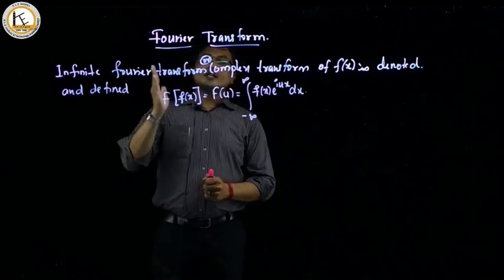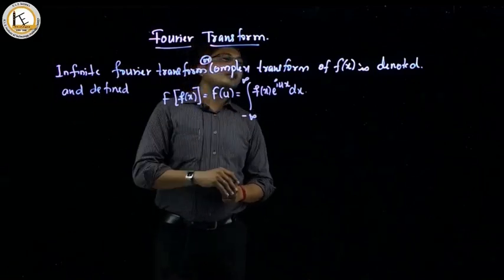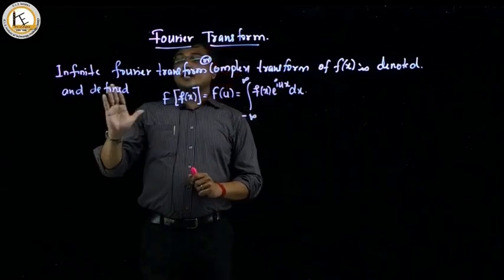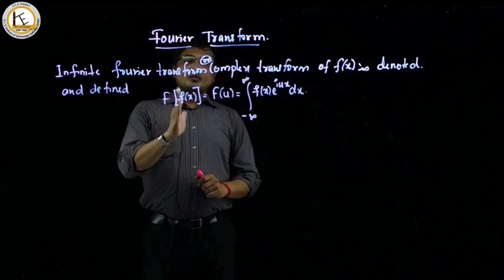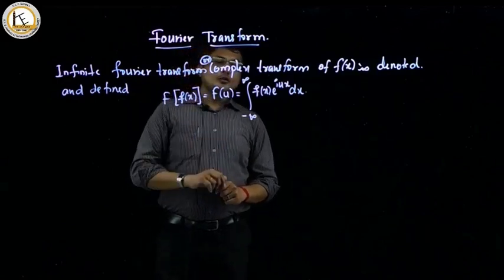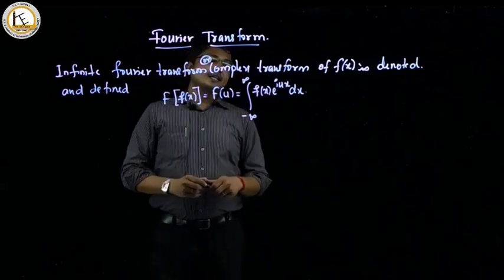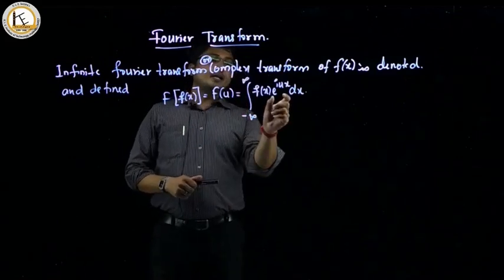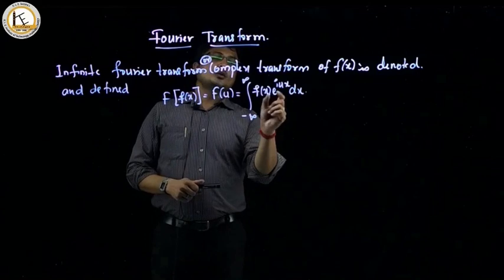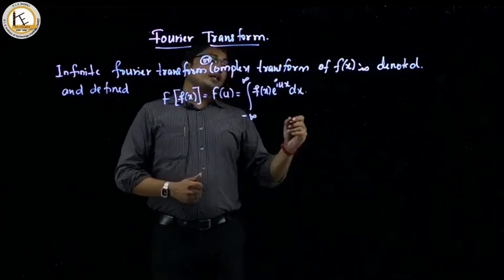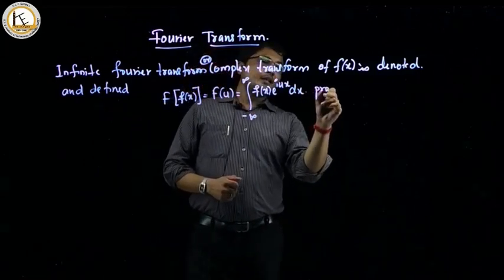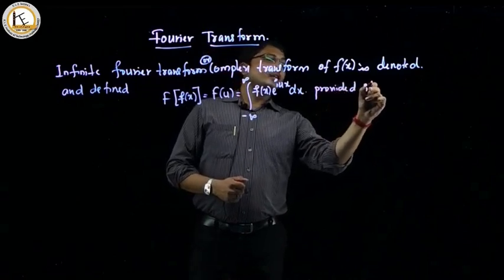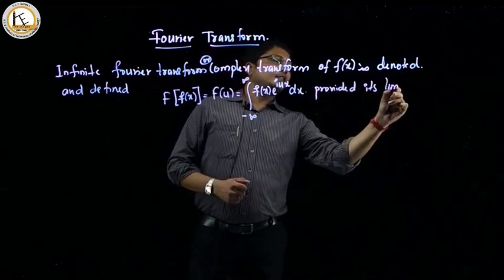The infinite Fourier transform or the complex transform of the function f of x is denoted and defined as F of u, which is integrated between minus infinity to plus infinity, multiplied by e raised to i u x, provided its limit exists.